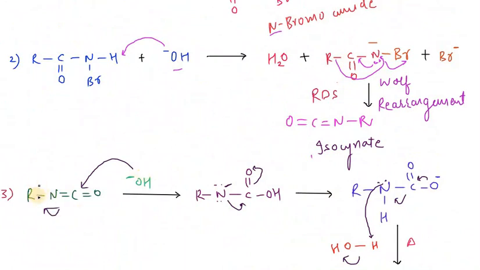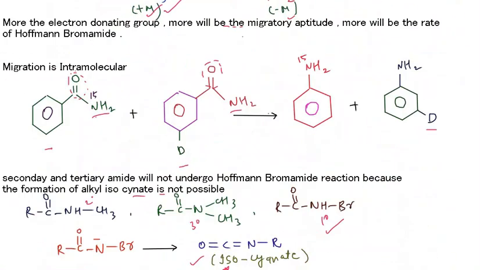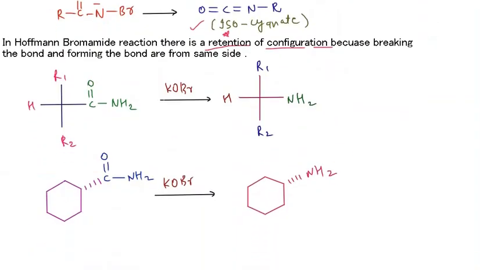So R is still R. We haven't left the R free. In the rearrangement, the configuration of the alkyl group doesn't change because it never becomes free in between. It does not have a positive charge, so it doesn't get a chance to become planar. Whatever the configuration was, it still is the same.